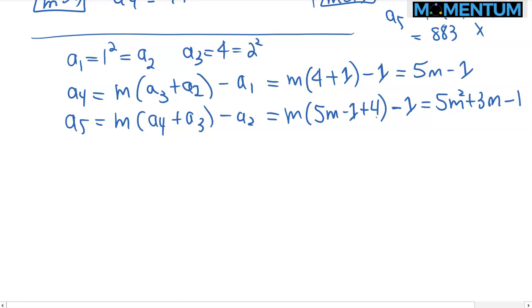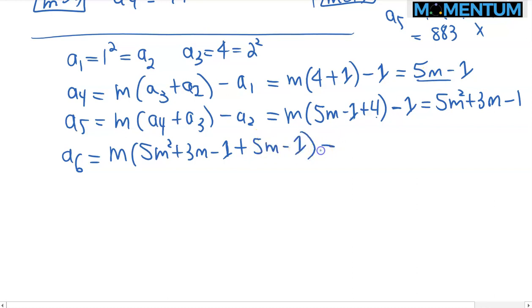And now I will just go ahead and do it one more time for A6 as well, and then from there we will get to the desired result. M times A5 plus A4. A5 was this monster over there, let's just write it out. Minus 1 plus A4, which is this monster over here, 5m minus 1. All subtract from this 4.